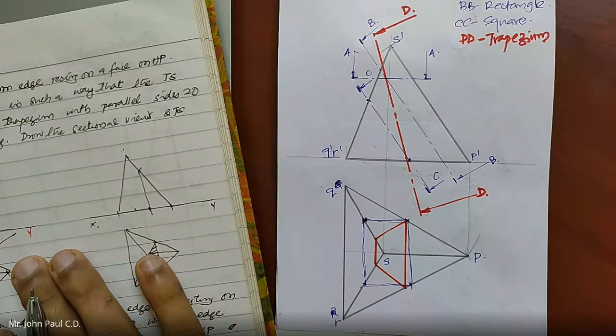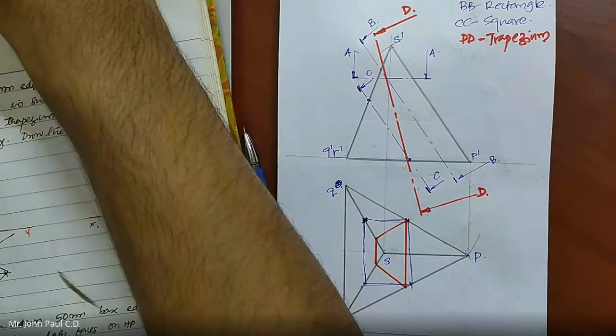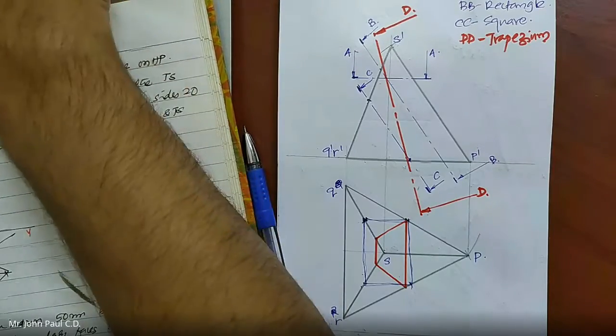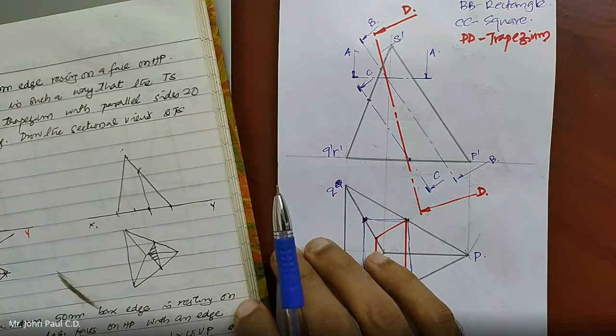It is cut by a plane in such a way that the true shape of the section is a trapezium with parallel sides 20 mm and 30 mm long.